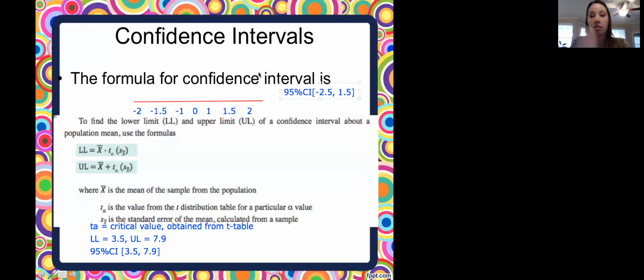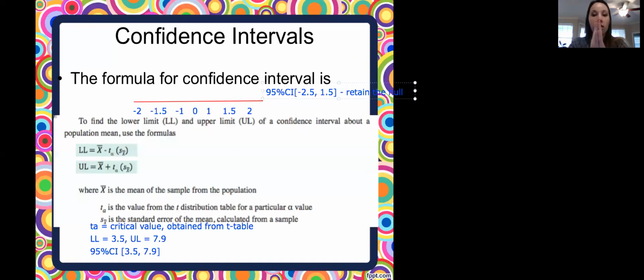And when that happens, we need to retain the null. Because it's passing through 0. And if you remember from our discussions with z distributions, the mean for a z distribution is 0, remember?